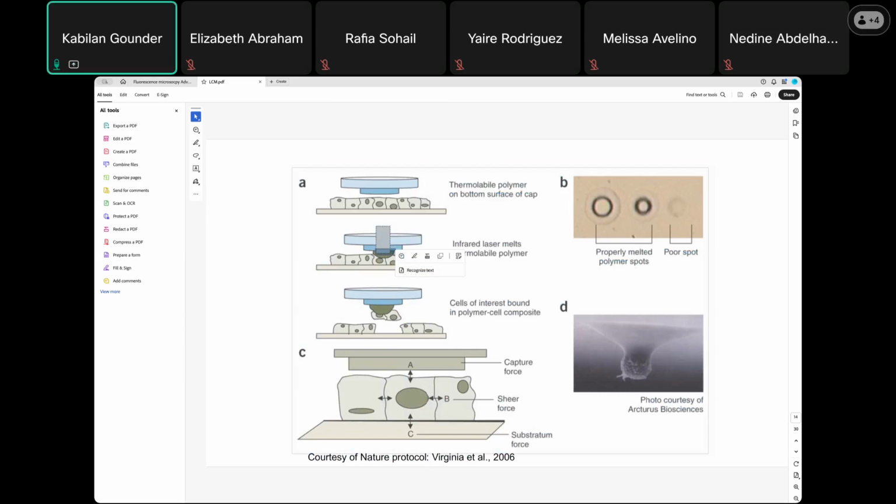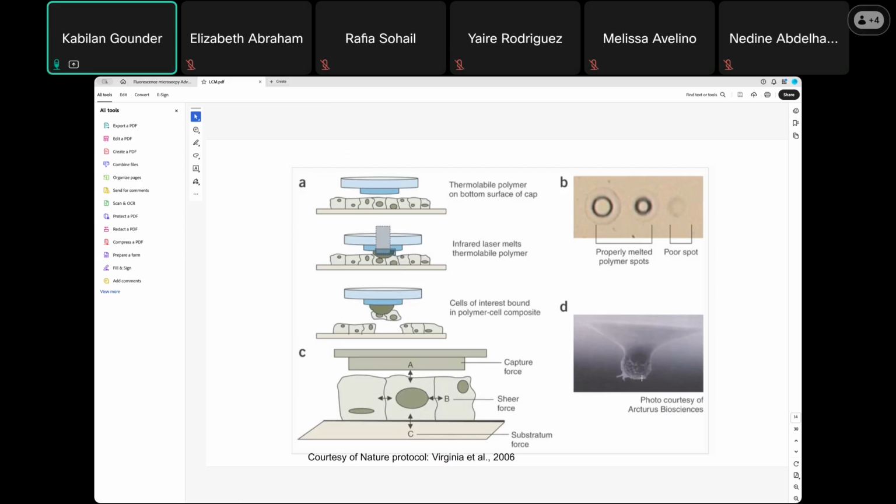When you take it out, you can see wherever this cell type is attached to the thermolabile polymer, that is the heat generated by the infrared. Now you transfer this onto the Eppendorf tube or any other container, and then you add an appropriate reagent to lyse the cells and do the subsequent analysis.